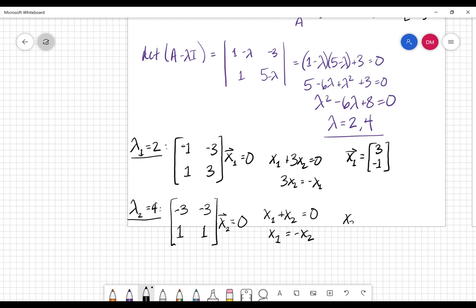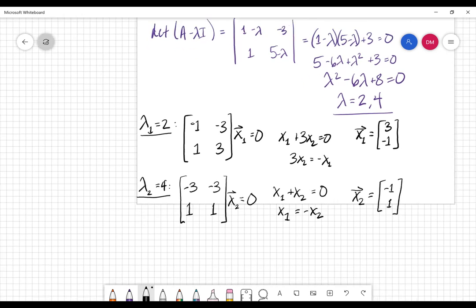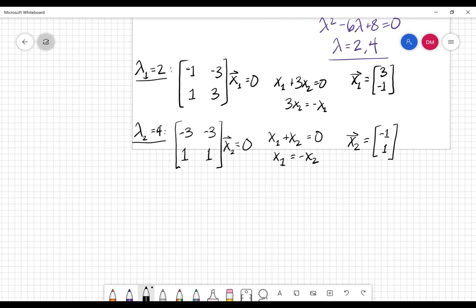And so for my eigenvector x2, I chose -1, 1. You could obviously flip-flop that. It would work just as well. But the idea is that here, x1 and x2 are linearly independent. That is good. That means that I will have a fundamental set of solutions here.